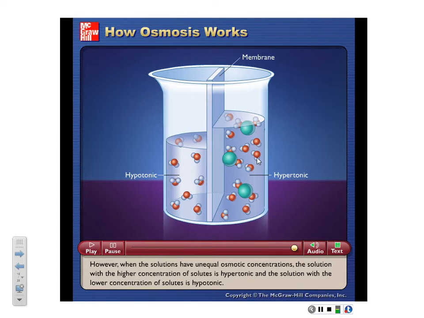So if I was to ask how osmosis works, you'd have to explain that. The water molecules will attach to the solute, which means there will be less free water molecules. And then the molecules of water from the other side will move in. Because when we started, we had the same fluid, we had the same level of fluid.